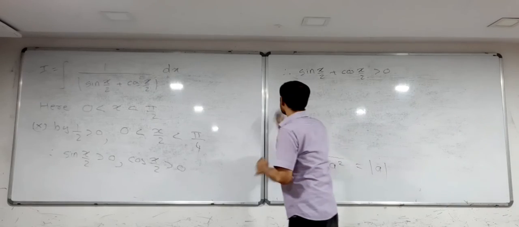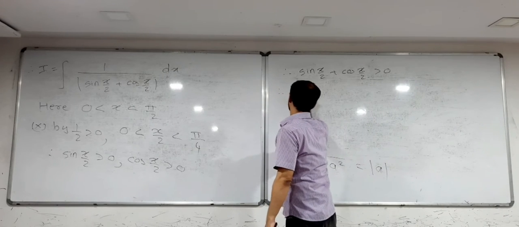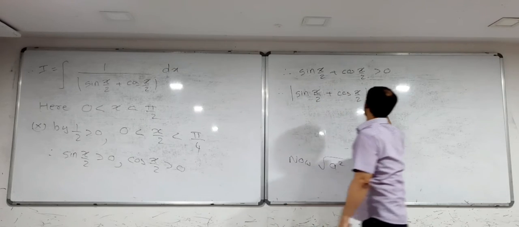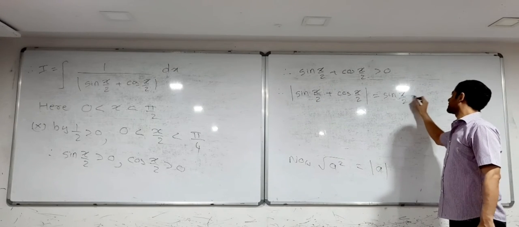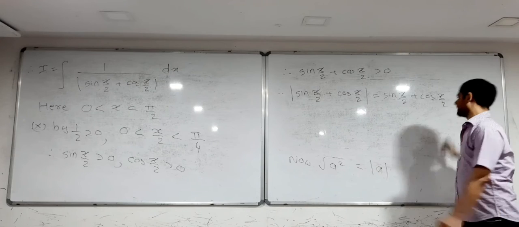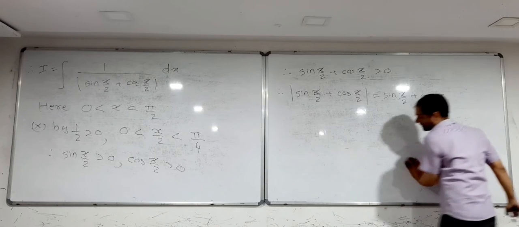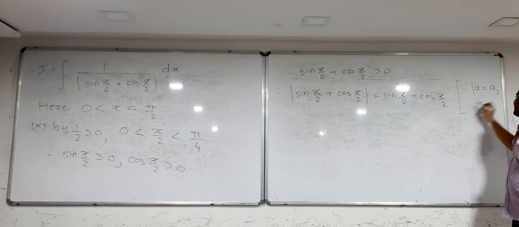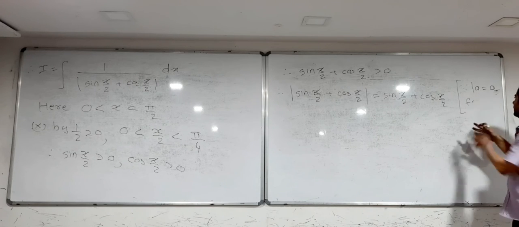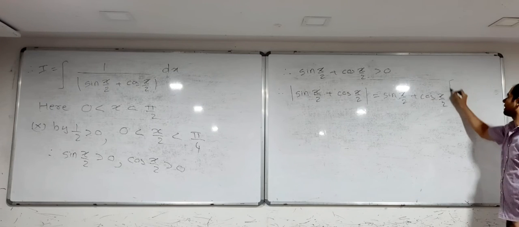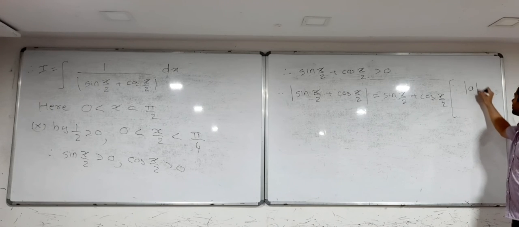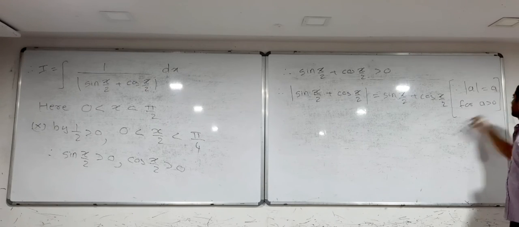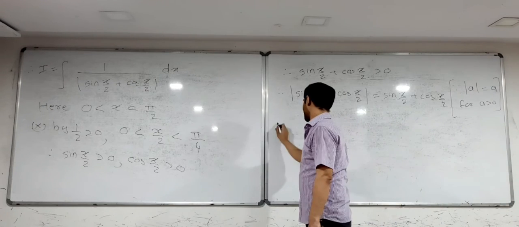So therefore modulus of sin of x by 2 plus cos of x by 2 will be sin of x by 2 plus cos of x by 2. Why? Because modulus of a is a for a greater than 0. So therefore I क्या हो जाएगा?